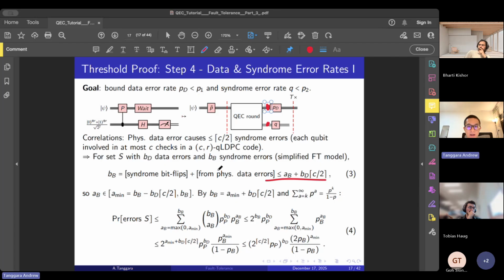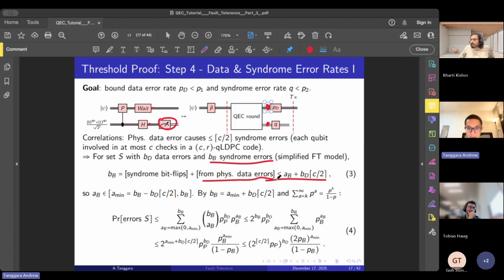The reason is that the syndrome errors can come from actual errors in the measurement, like this one, or from some physical data error somewhere that caused the bit to flip.